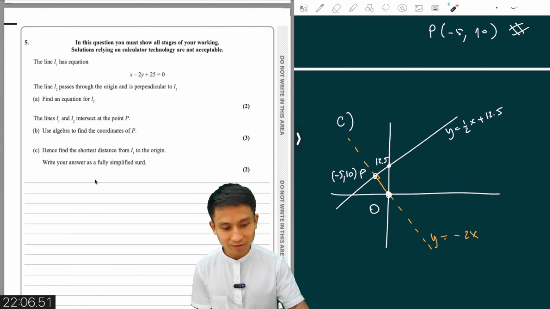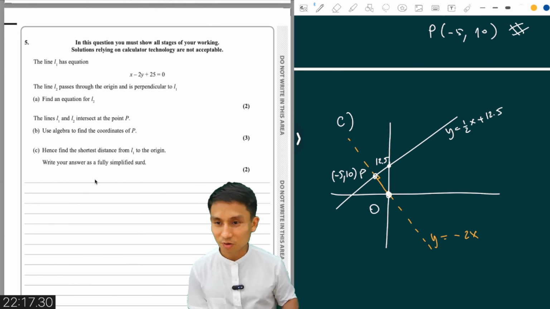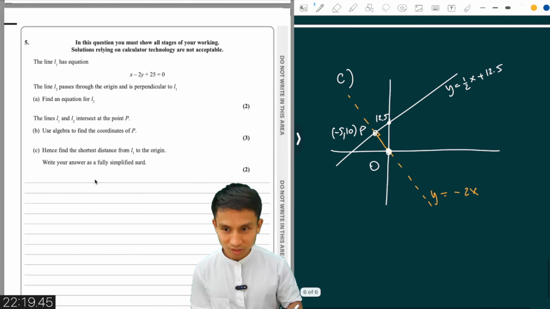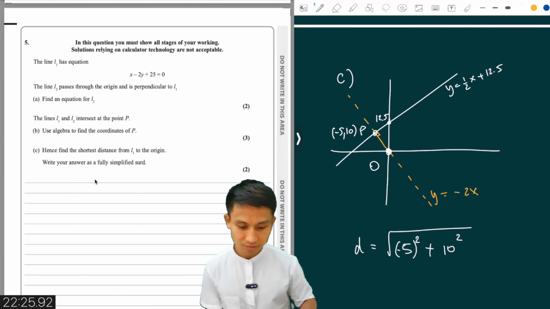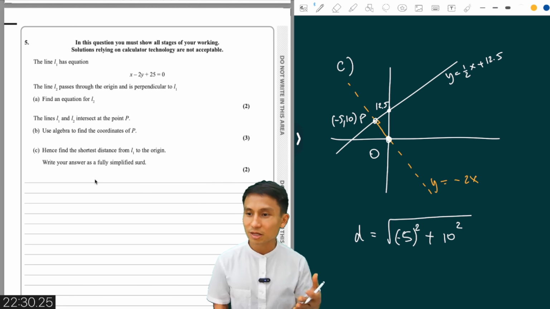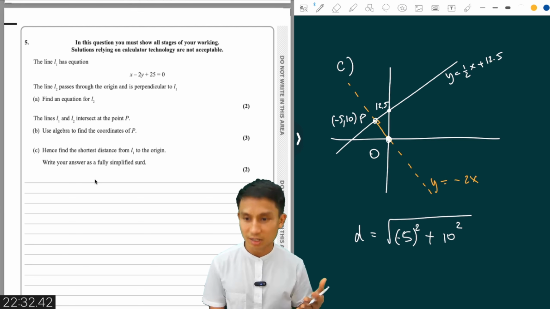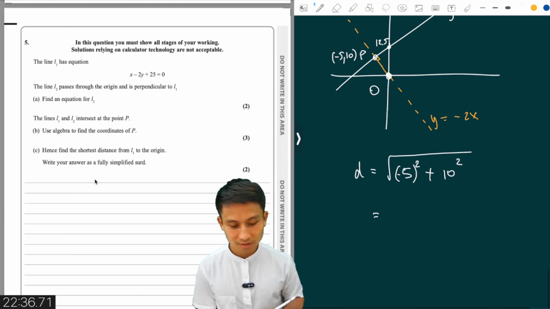So we just effectively find the distance of P away from the origin, which is just the Pythagoras of that particular point. Using a diagram to help you visualize and some logic, the question becomes easy.